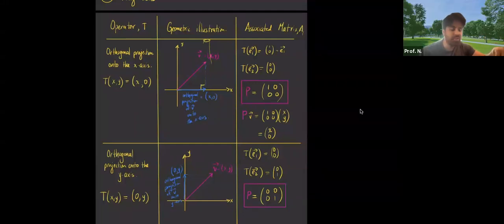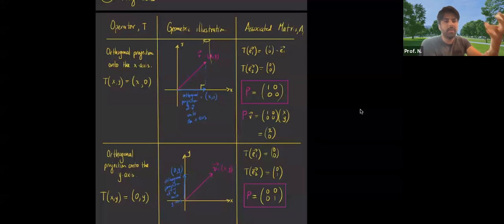So these are projection matrices. They are not orthogonal matrices. Orthogonal matrices have a different, distinct definition. We haven't spoken about that yet. Orthogonal matrices are matrices whose transpose is the inverse.